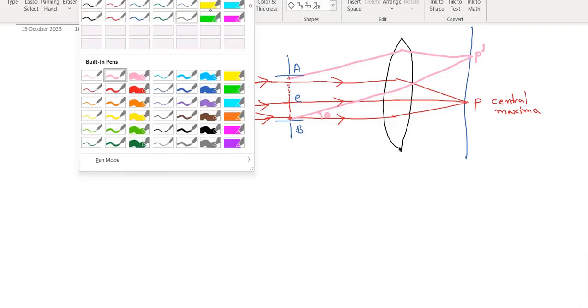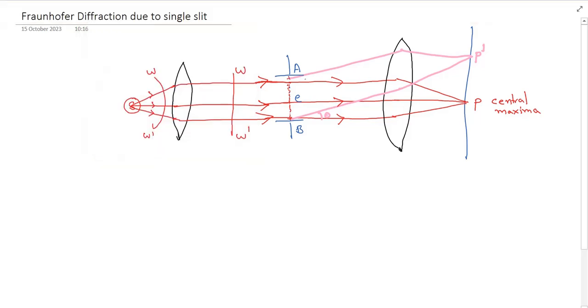The path difference in this case can be obtained by drawing a perpendicular line from point A. Let us assume this as C. So in this case, BC is the path difference. So what is the value of BC? From this, sin theta is equivalent to BC by AB.